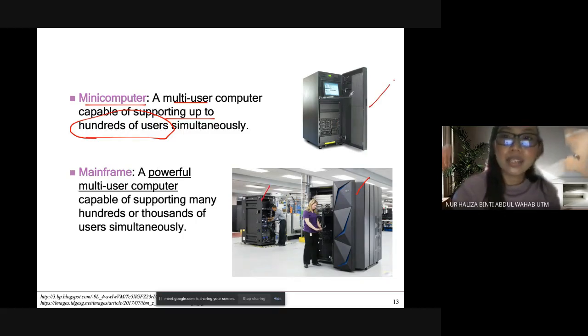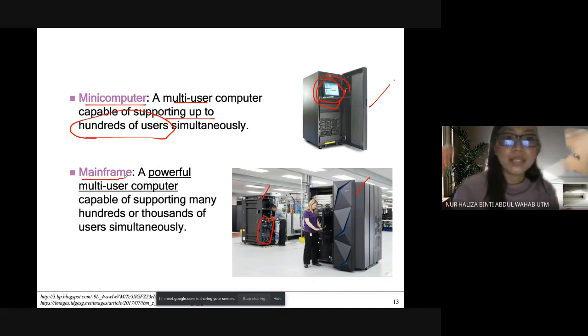Inside there will also be a router, a hub, and a switch, all inside here. There are a lot of wires, all connected to each other. So this is a multi-user computer or mini computer.